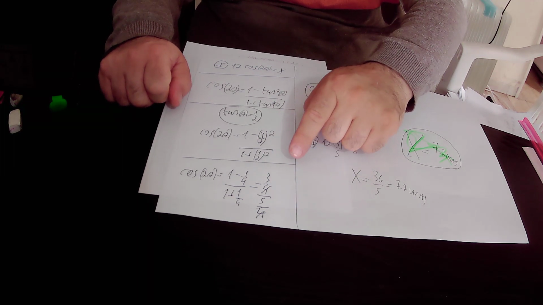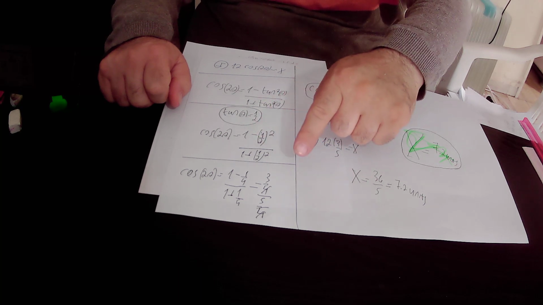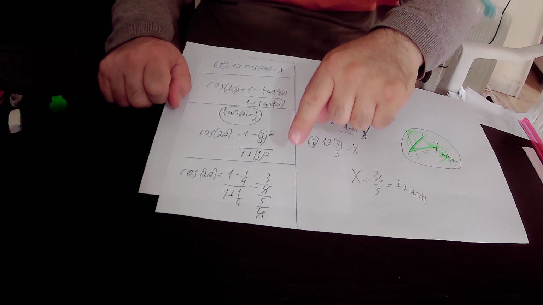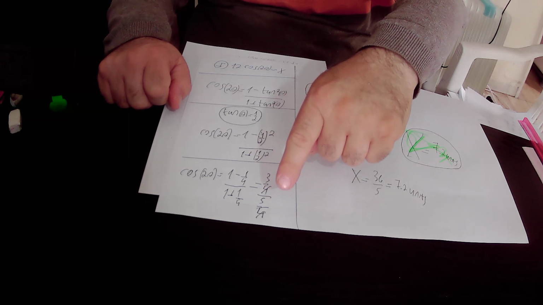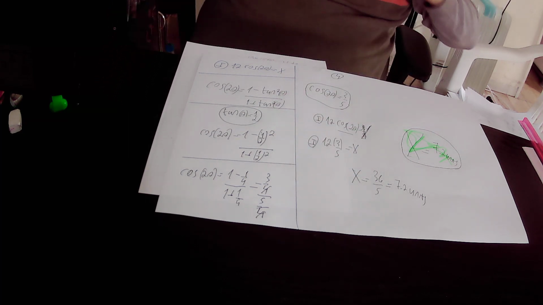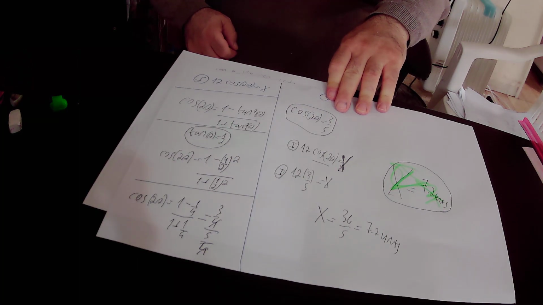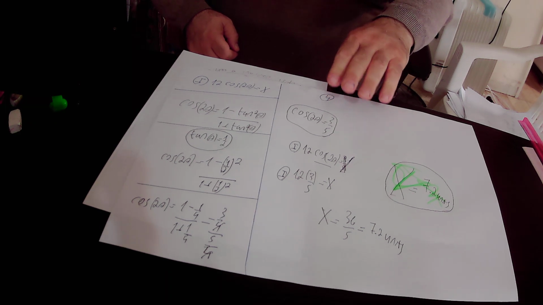So in conclusion, we have cosine 2 theta equals 3/4 over 5/4. Here we have 4 in the numerator and 4 in the denominator, so 4 will get cancelled, and we are left only with cosine 2 theta equal to 3/5. We found out that cosine 2 theta equals 3/5.